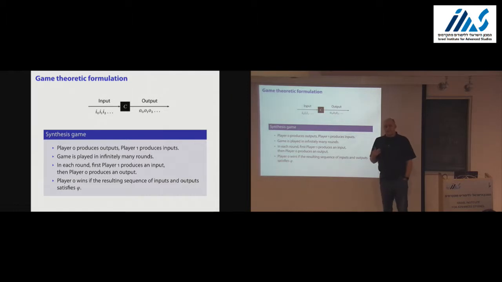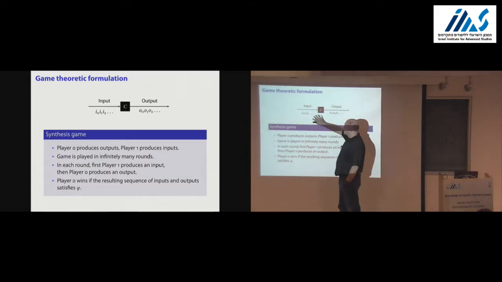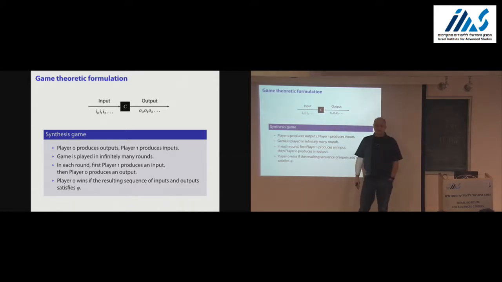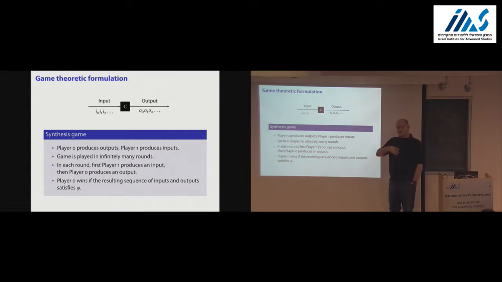Now, there's also the game theoretic formulation of the problem, which means that you consider the environment which produces your input as one player, and the system that reacts to that input as another player. And of course, the goal of the system is to respond in a way such that the resulting sequence of inputs and outputs satisfies the specification. The goal of the environment is to prohibit the system from achieving this goal.